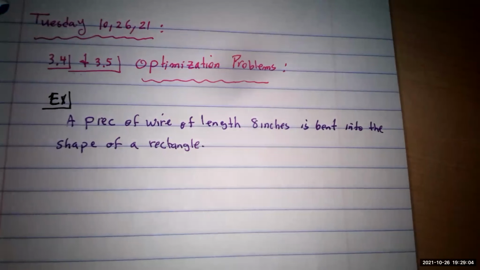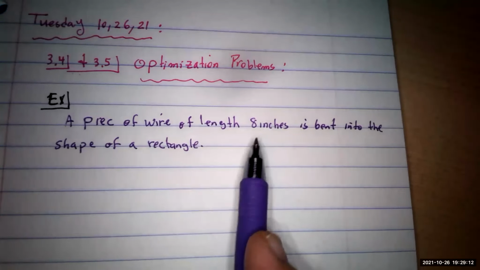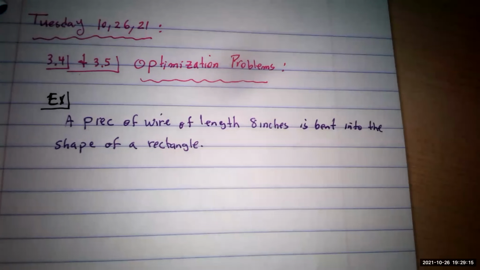Another version is, you have a farm, for example, and your farm is a rectangular one. So what you do is you use 8 inches of wire for fencing, if you like.